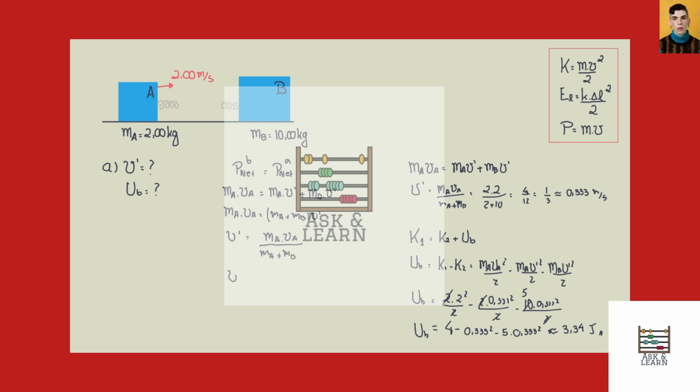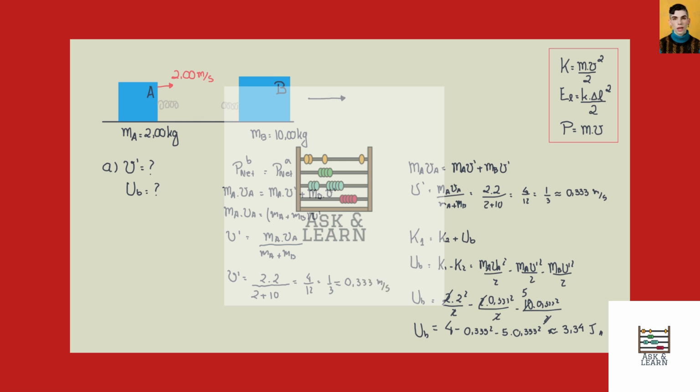Now we plug in the values that were given by the problem and we get the following. mA is equal to 2, vA is equal to plus 2, given that we choose this reference frame where everything that points to the right is pointing in the positive direction, and then we divide by mA, which is 2, plus mB, which is 10. This results in 4 divided by 12, which is 1 over 3, approximately 0.333 meters per second.